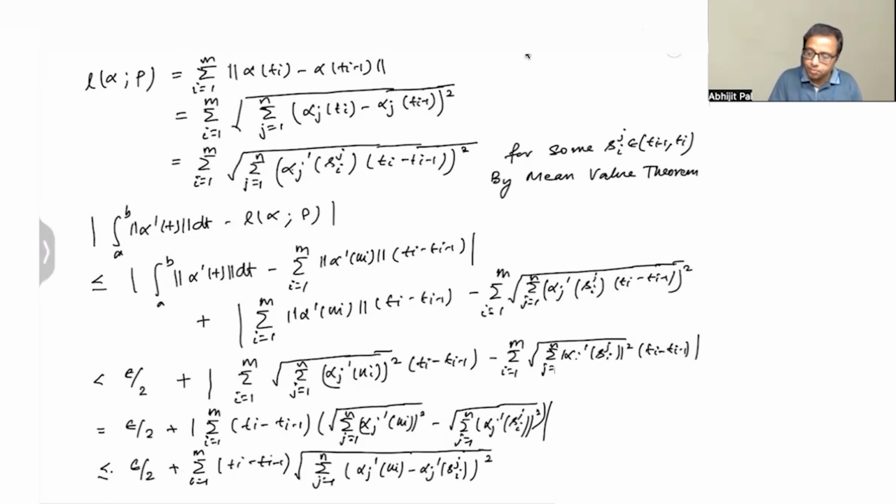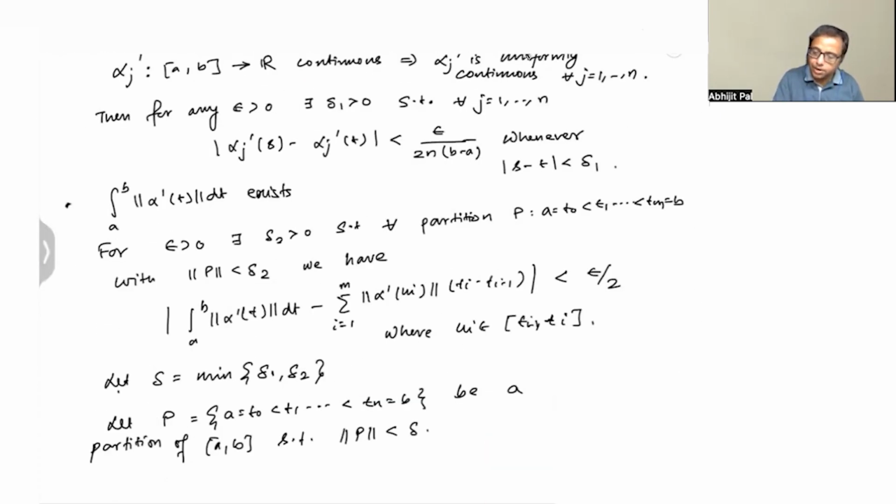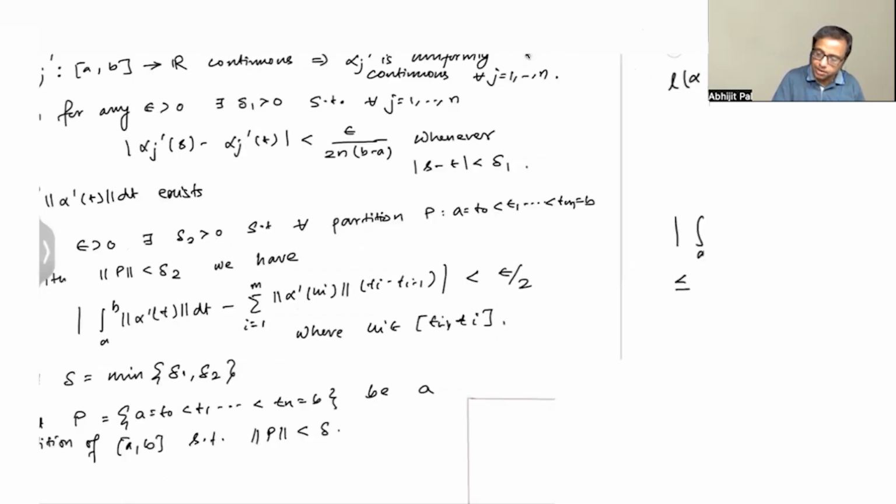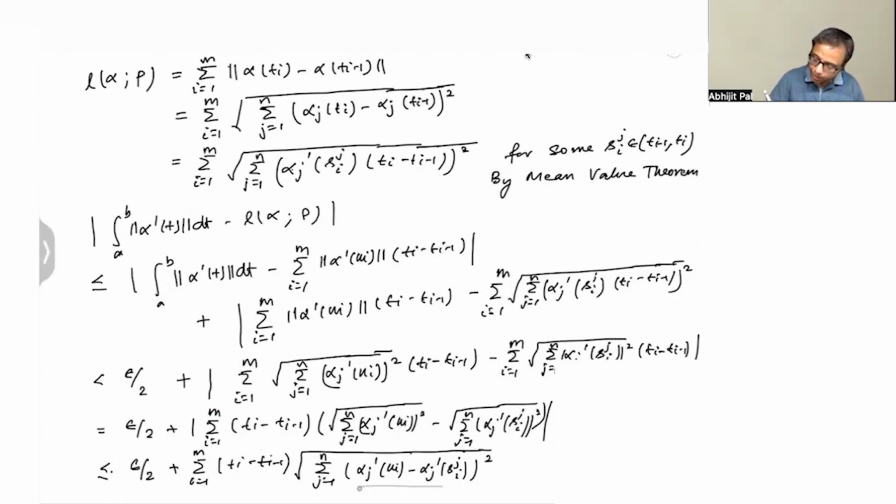Therefore mod of ui minus sji will also be less than delta. Okay. So this difference will be less than epsilon by 2n times b minus a.